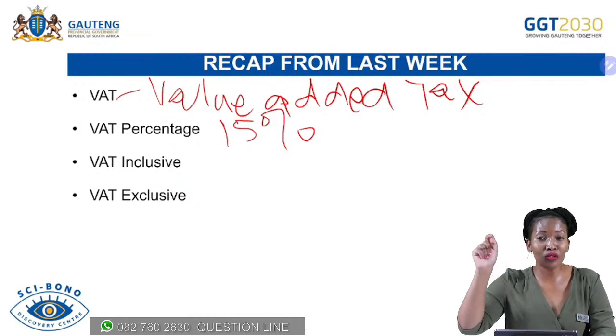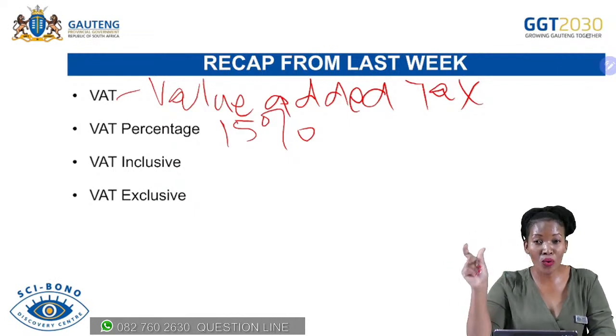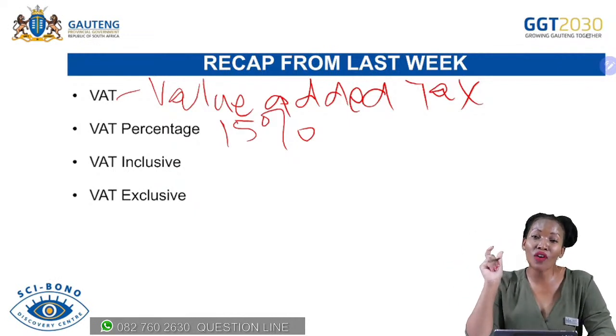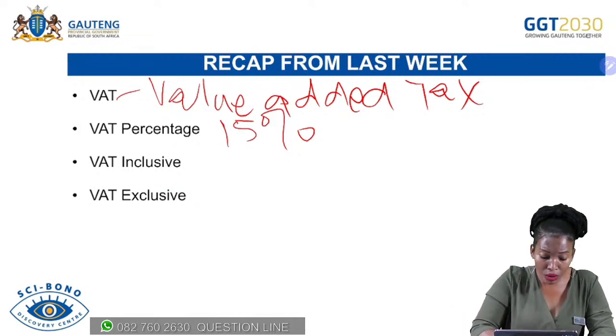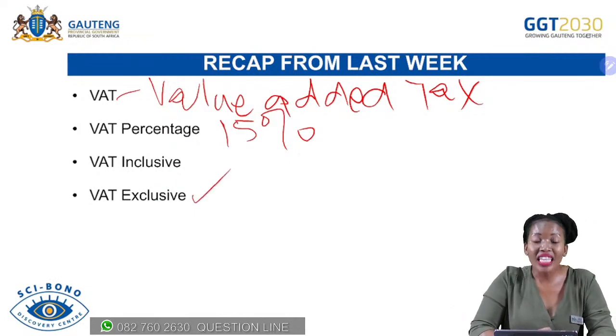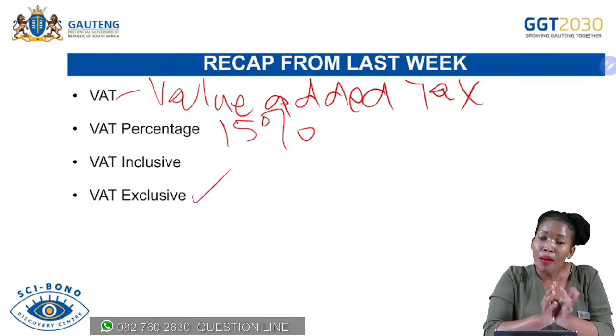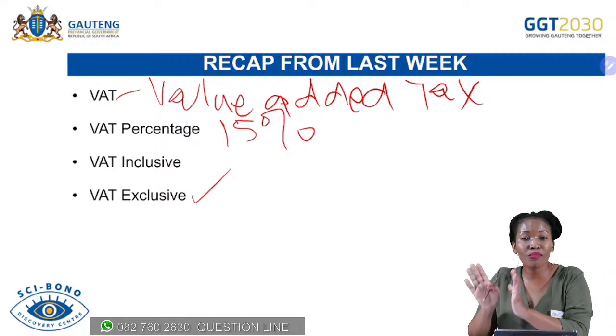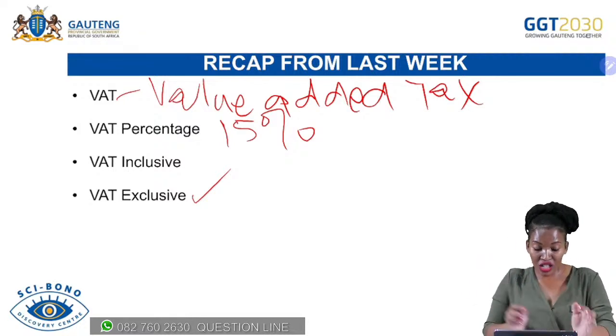So the price that you pay when you purchase your goods is already inclusive of your VAT. When you talk about VAT exclusive, it is the original amount before any VAT has been added.